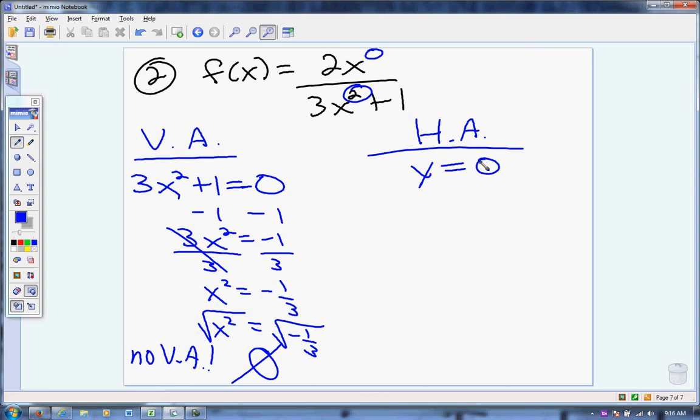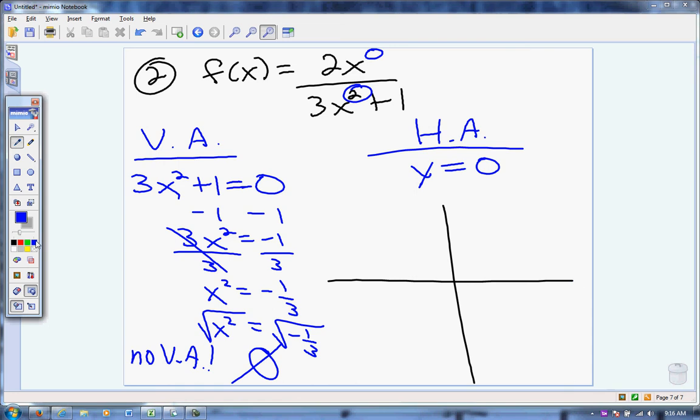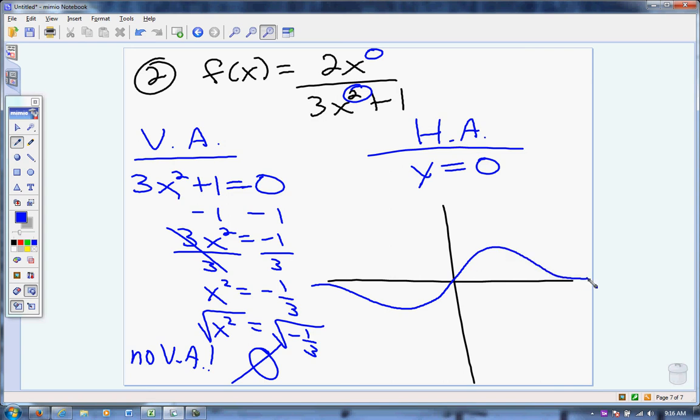Okay? And just so you know, we're not going to take the time to graph this function, but here's what the graph of this function looks like. It looks like this. This is an example where the function does cross the horizontal asymptote.